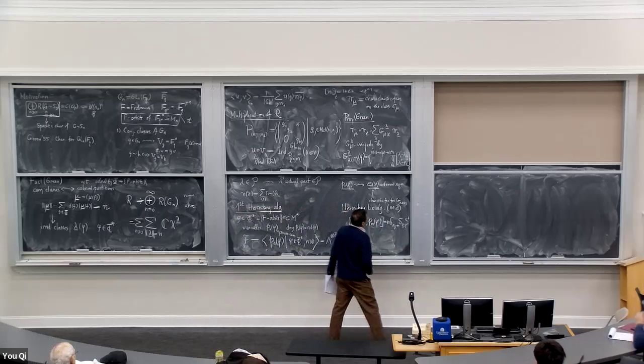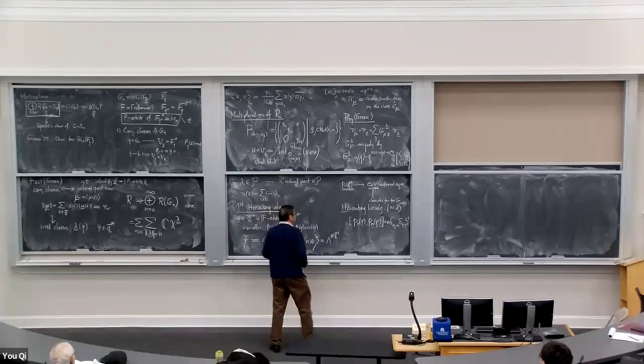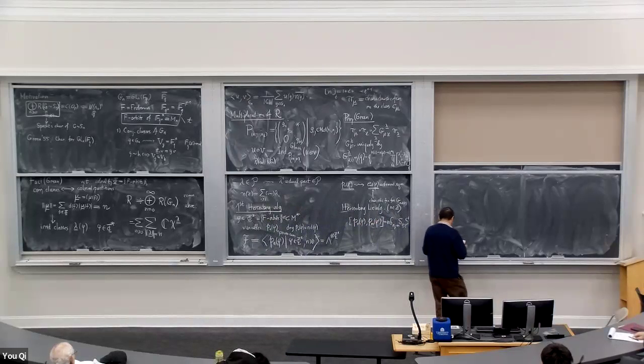We have these. Okay, so then with that, how do we construct this irreducible? Well, this is very easy.